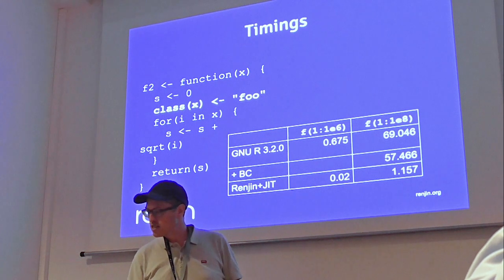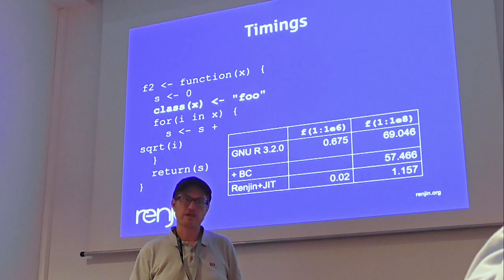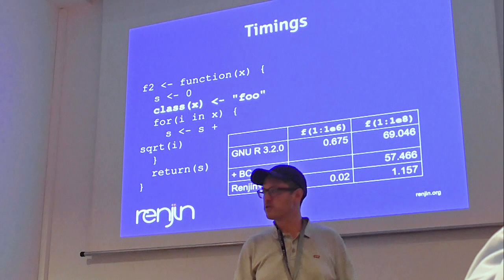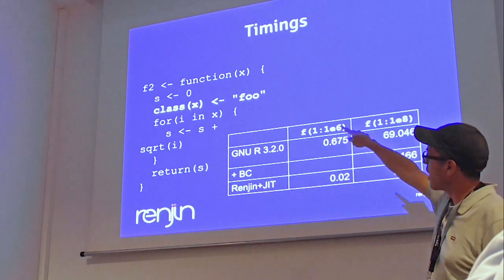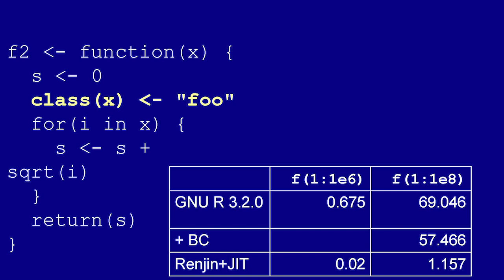If you add S3 dispatch into the mix, then you can make this example as explosive as you want, but the compiler can deduce that x now has the class of foo, so it can statically recognize that there is no function defined for plus.foo, and it can use the normal addition.